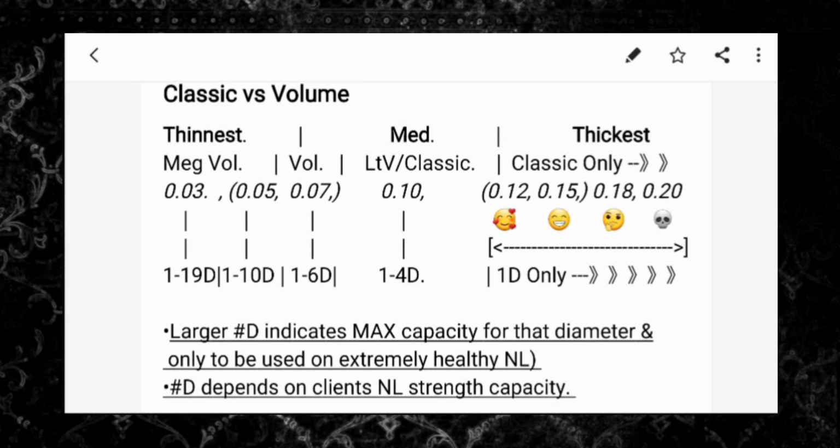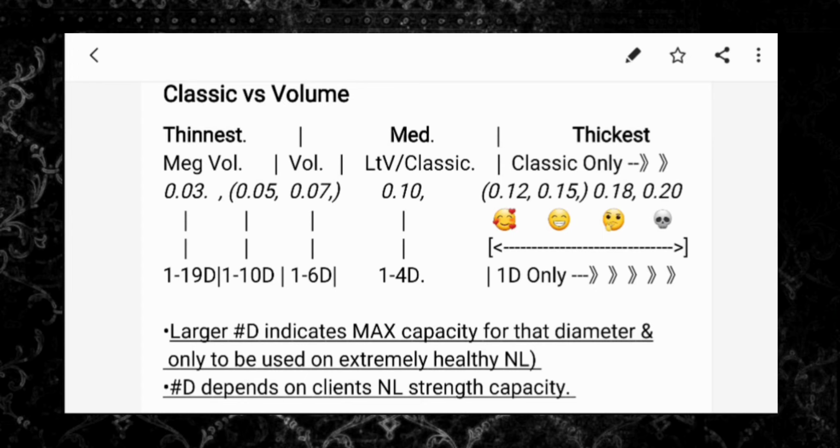The 0.07, if you look underneath it, you can use for 1D to 6D. The one next to that is for light volume classic, a 0.10. If you go straight down, you can do 1D to 4D. Some people say 3D. I say 3 or 4D is fine.